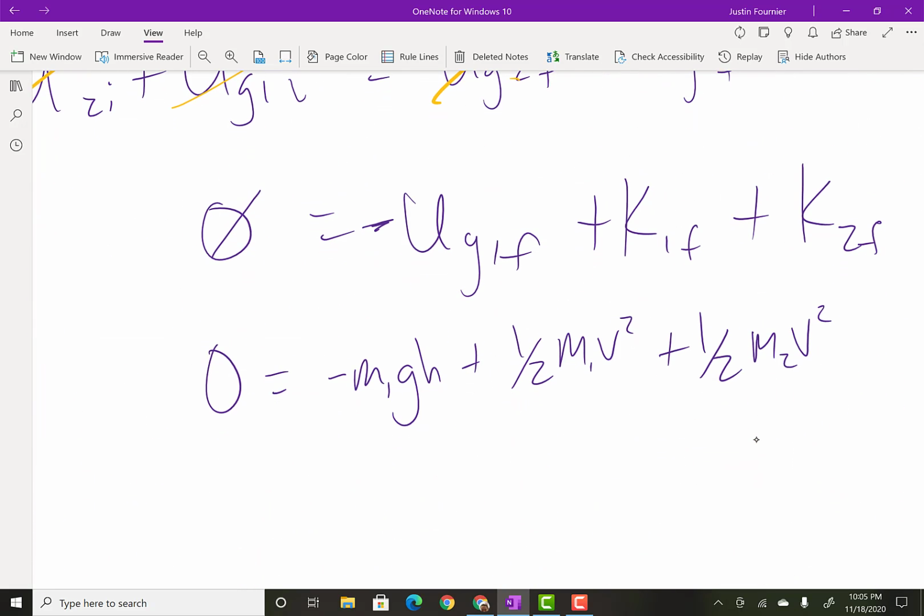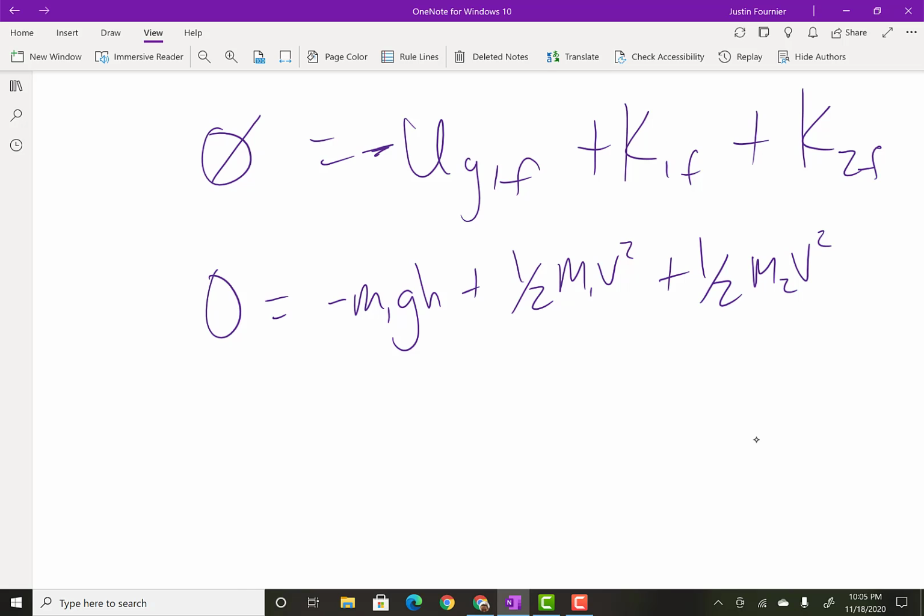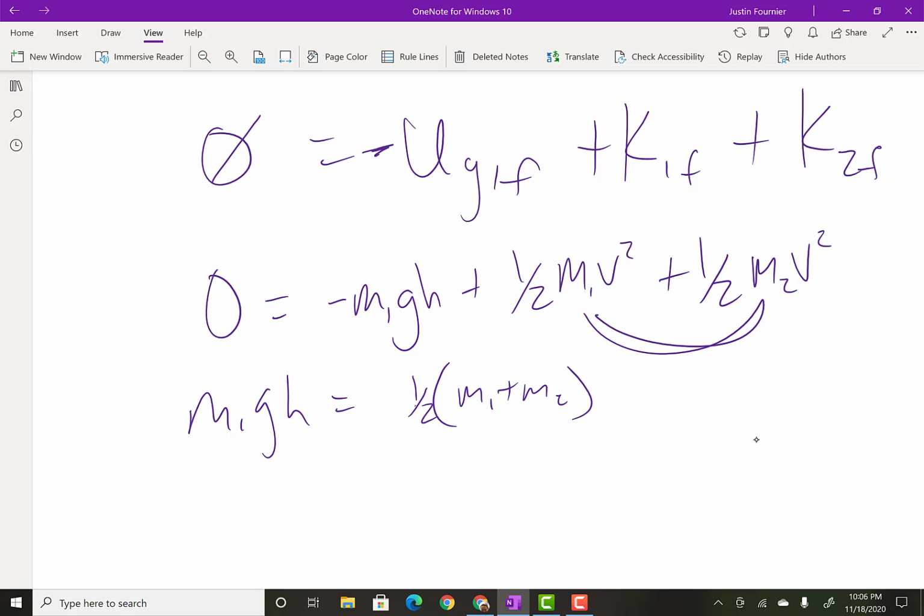Then I could add m1gh to both sides. That'll give me m1gh equals, and then I can factor out the 1/2 and v, giving me 1/2 (m1 plus m2). I'm factoring out the 1/2s and the v's because those are all the same.